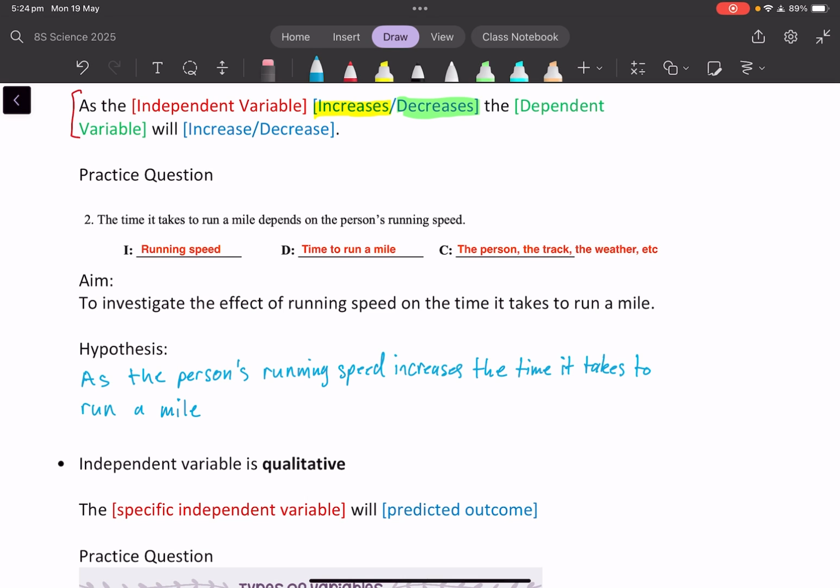Will I say that it increases or will it decrease? This is where I need to make a prediction, right? I'm thinking to myself, as the person's running speed increases, the time it takes to run a mile, well, I think the time will then decrease. So that's what I'm going to write down.